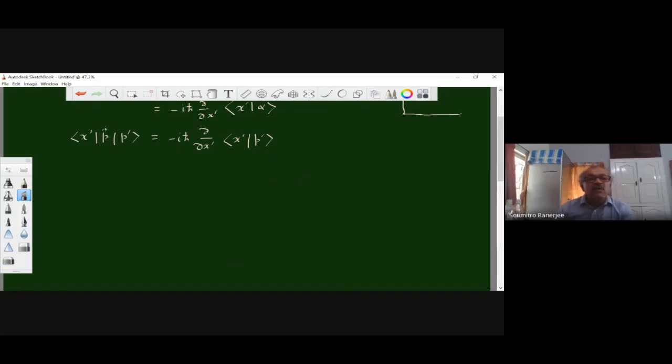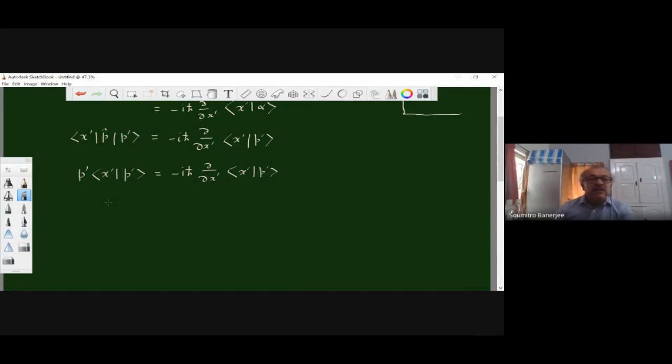Now, the P operator operating on p' should give the eigenvalue times p'. So the eigenvalue can be taken out. It will be p'⟨x'|p'⟩, and this will remain the same, minus i ħ ∂/∂x'⟨x'|p'⟩. So I can see that it is now a differential equation in terms of ⟨x'|p'⟩.